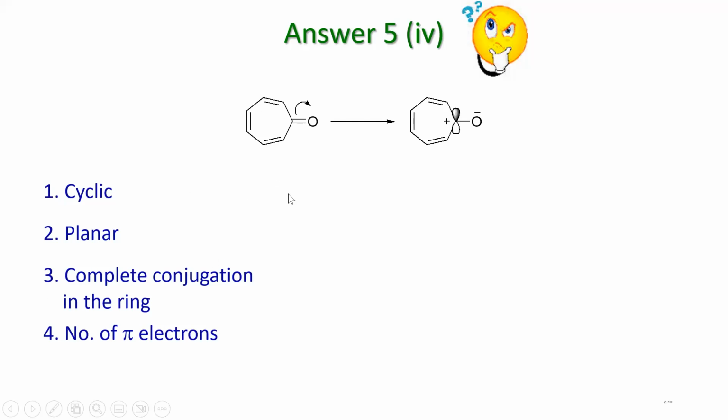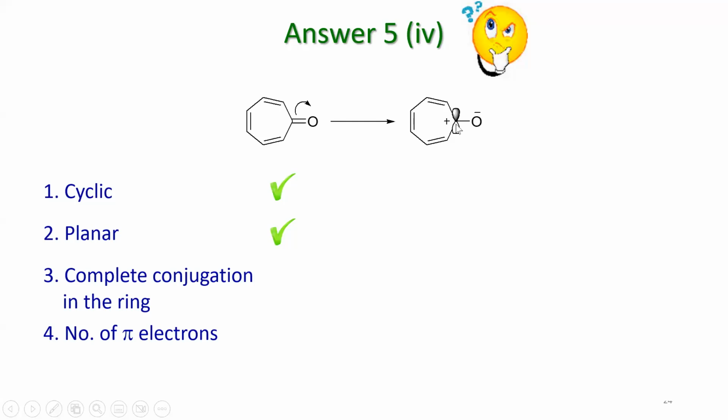7-membered ring, still cyclic. It is a cyclic structure and planar. 7-membered is going to be still planar. And complete conjugation: check whether the complete conjugation is there. For that, you have to consider a little phenomenon here. When you have an oxygen double bonded to carbon, since the electronegativity of oxygen is more, electrons can be more attracted towards oxygen, giving rise to a condition like this.